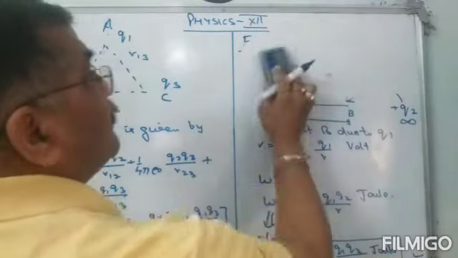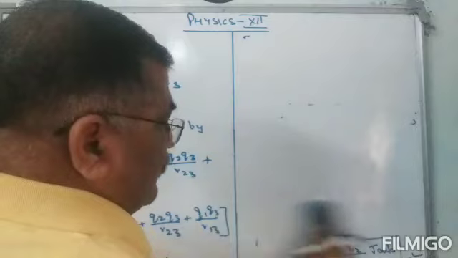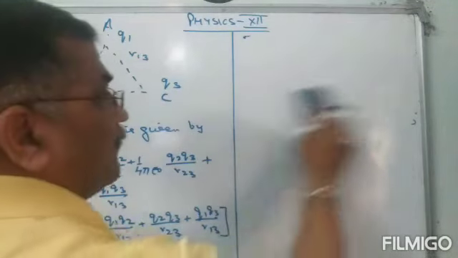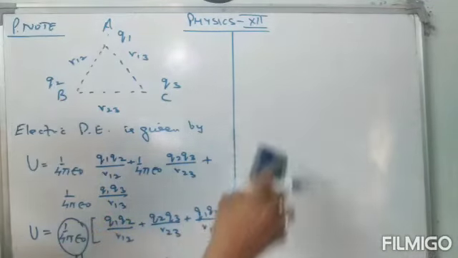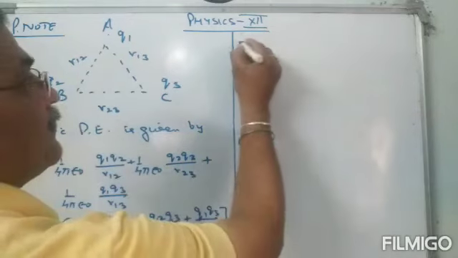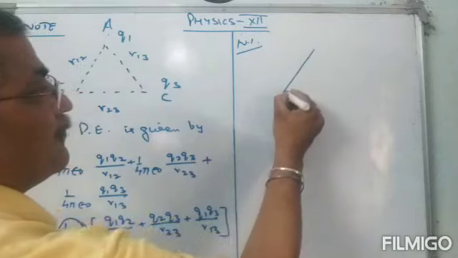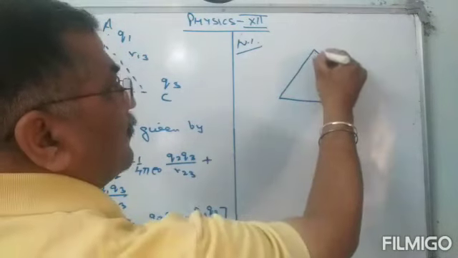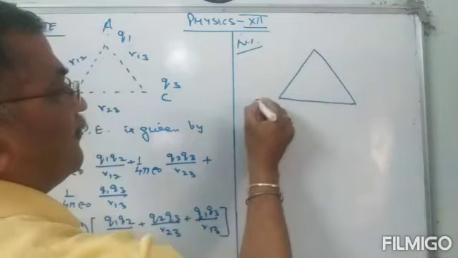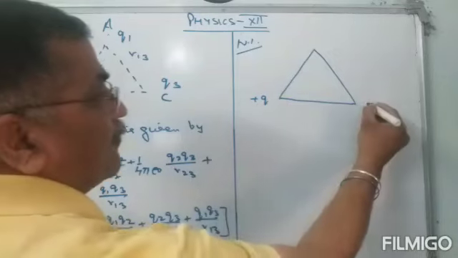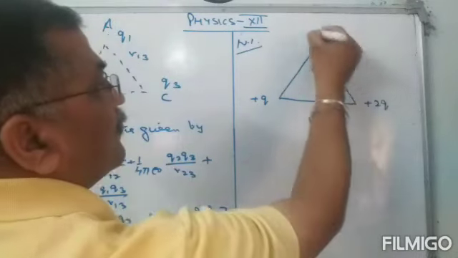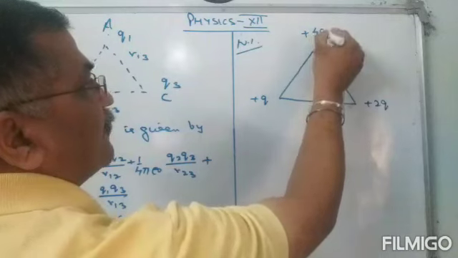Let's take an example. I'll take a triangle with charges plus Q, plus 2Q, plus 4Q.